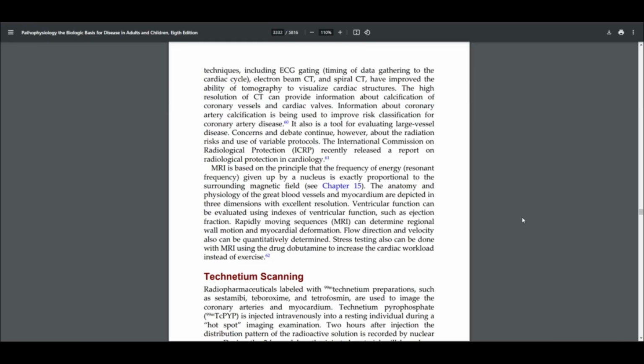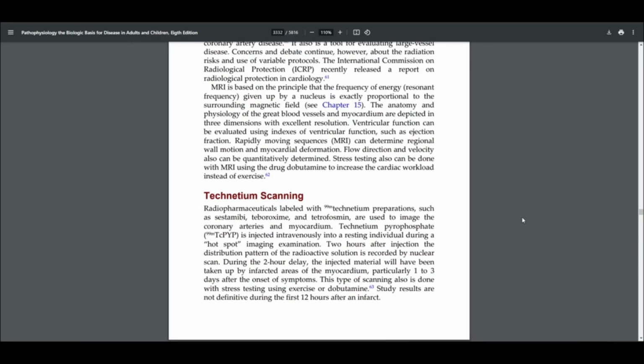Rapidly moving sequence MRIs can determine regional wall motion and myocardial deformation. Flow direction and velocity can also be quantitatively determined. Stress testing also can be done with MRI using a drug, dobutamine, to increase the cardiac workload instead of exercise.